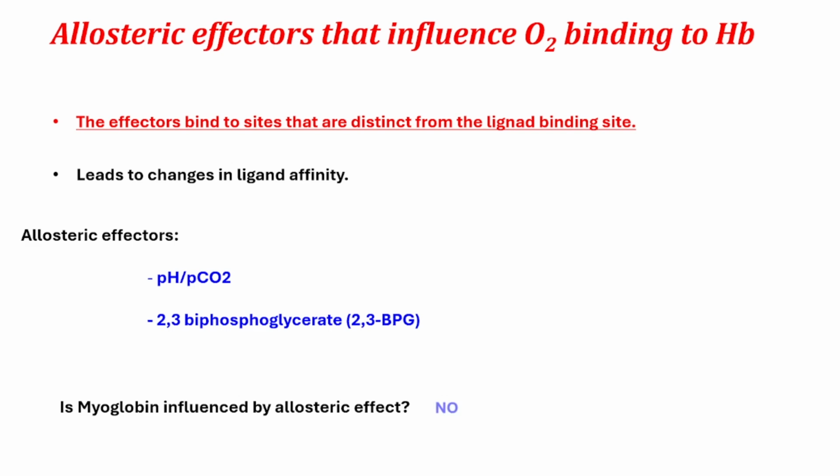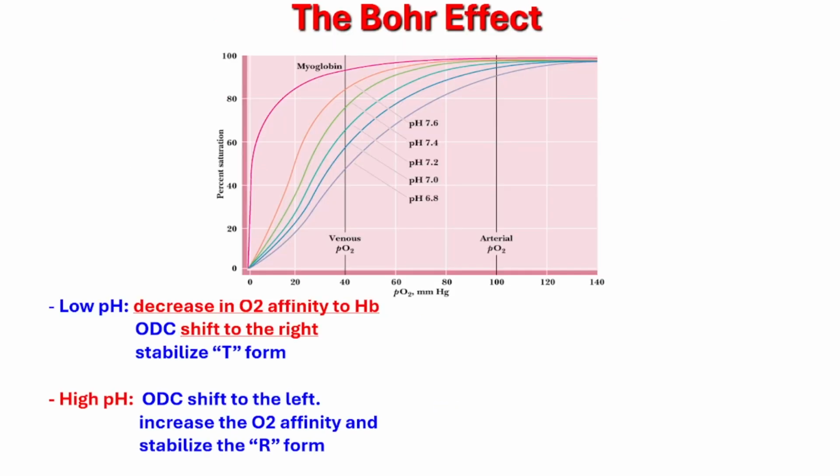All right. So let's see the pH. So this is my ODC. This is the myoglobin. It doesn't change, it's not affected by the allosteric effector. We just have to look at these ODCs for the hemoglobin. So when the pH decreases, when you have a low pH, for example here I have 6.8, this is the lowest one, what will happen?